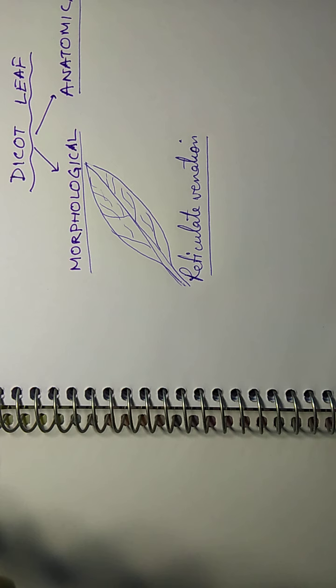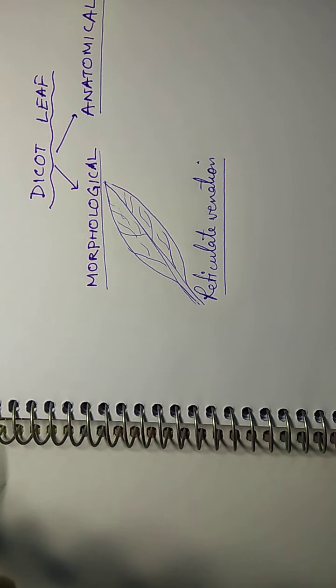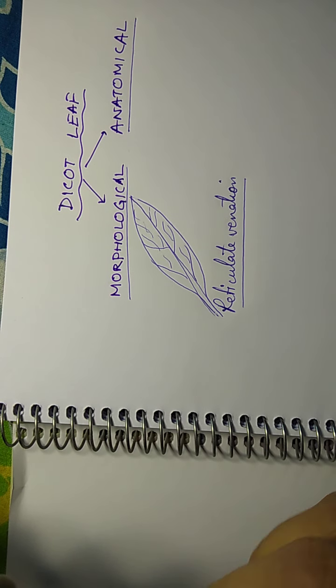But before going for all these sections, we need to understand one thing. The leaf actually has two surfaces: one is the dorsal surface, and the other is the ventral surface.